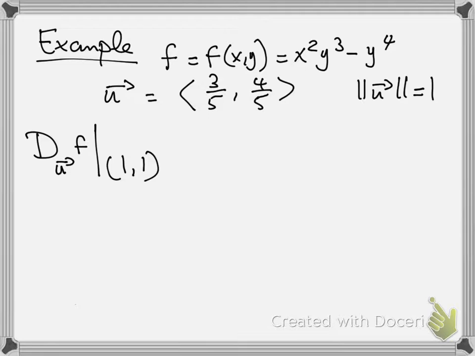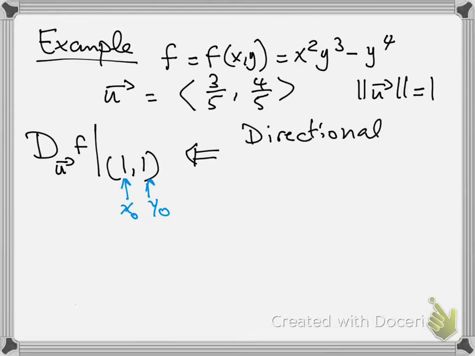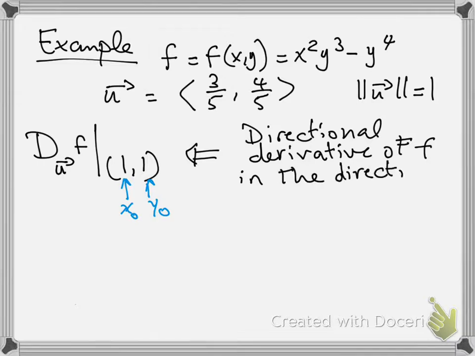So (1, 1), that's my (x0, y0) here. x0 is 1 and y0 is 1. So this is the directional derivative of f in the direction of u at the point (1, 1).